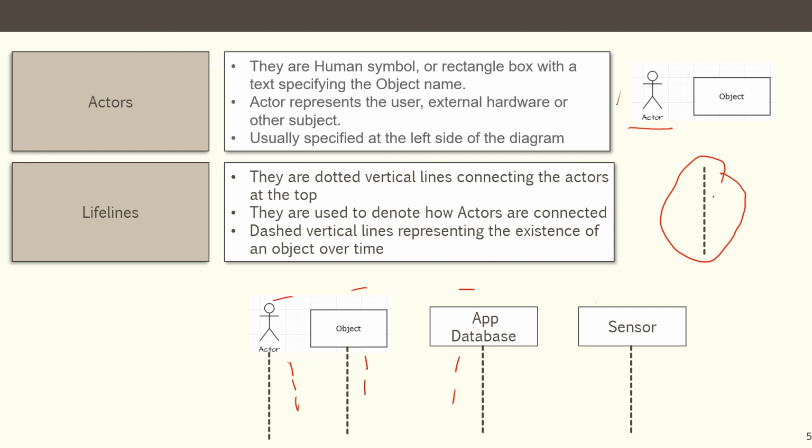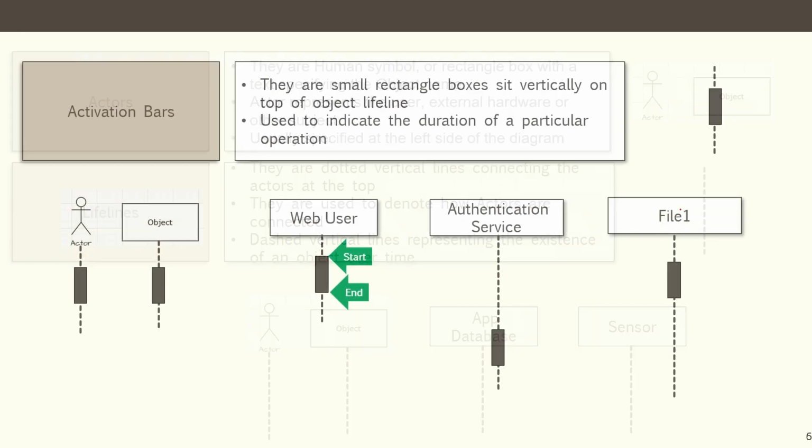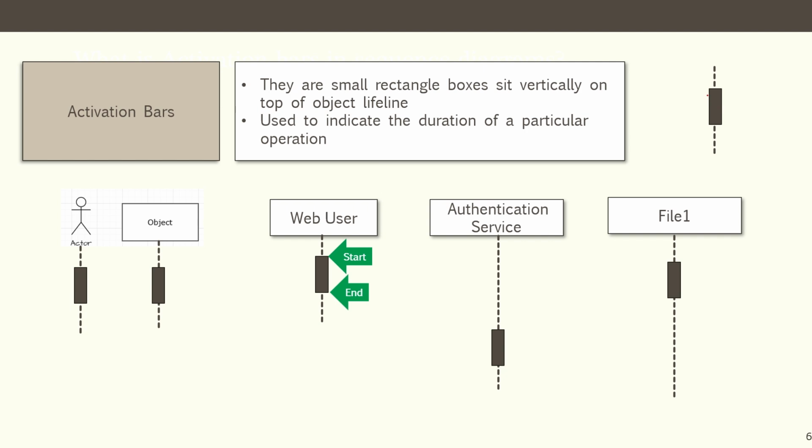They are used to denote how actors are connected, and the dashed vertical lines represent the existence of an object over a time period. Now these activation bars, which are vertical rectangles drawn over the object lifeline, indicate this is the start of the activation and this is the end.